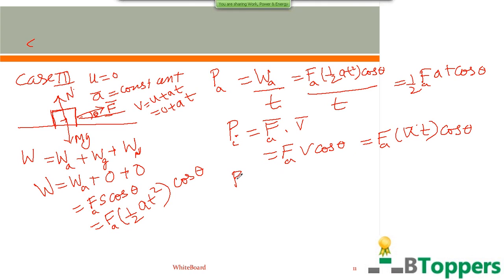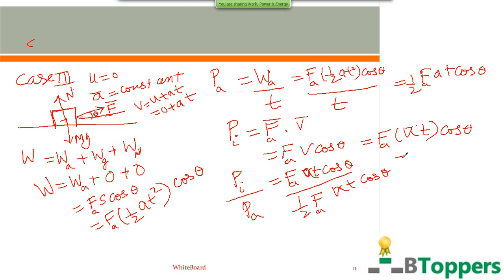So you can observe that if you compare the instantaneous power with the average power, Fa into V, that is a t, cos theta, by half Fa into a t cos theta, we get 2.